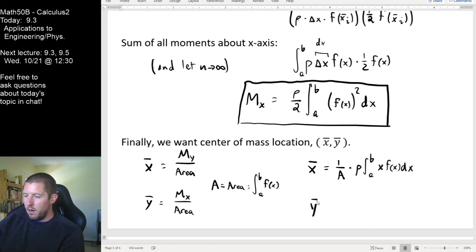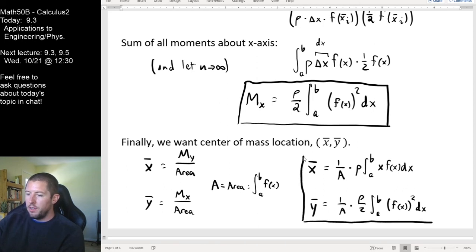Our y bar, same thing, will be 1 over the area times rho over 2 integral from a to b f of x squared dx. Right? So we've got our formula for the center of mass now, for each of the coordinates of the center of mass of any object.